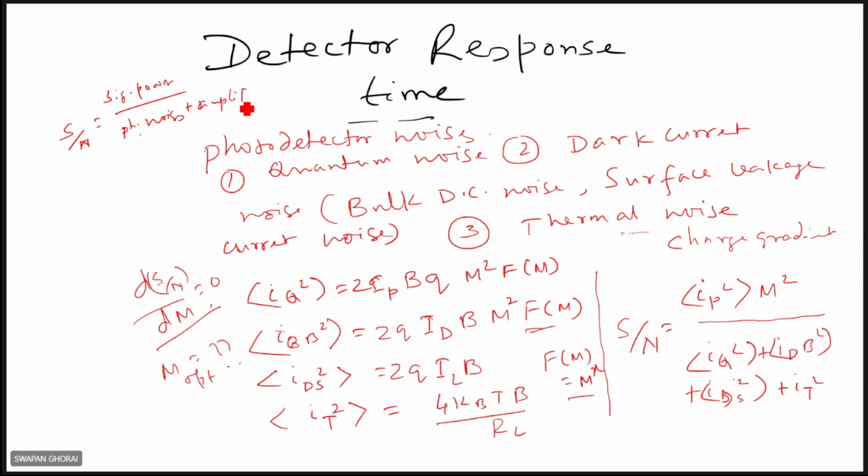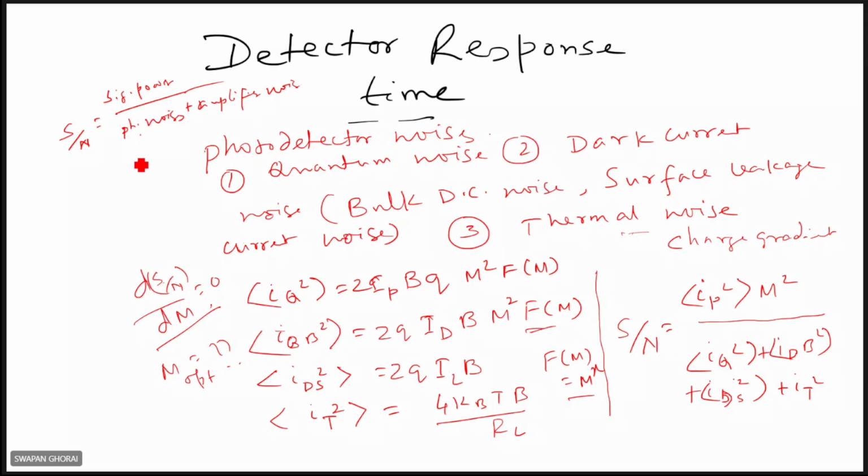So to maximize the signal to noise ratio, you have to increase the signal power, or, if the signal power is constant, reduce the photodetector noises and amplifier noises. These are the two parameters where you can improve the signal to noise ratio.